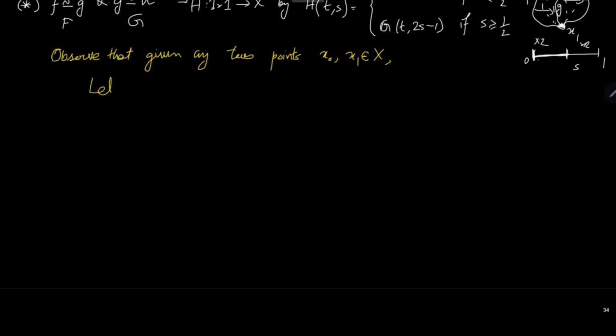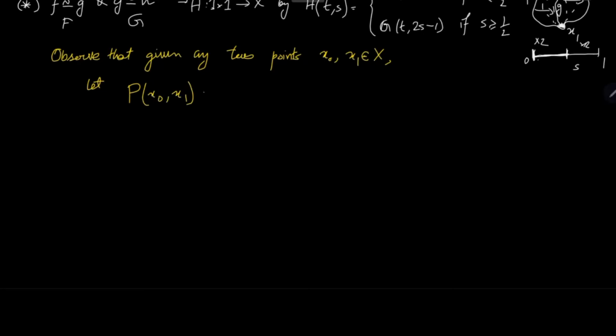we define the path space between these two points. So we consider the set of all paths between these points. What should I denote this by? Let's keep it simple and just call it P x0 x1.